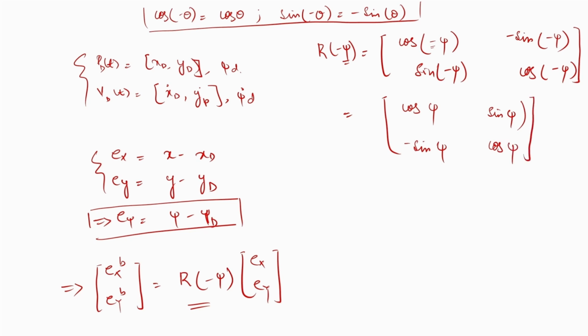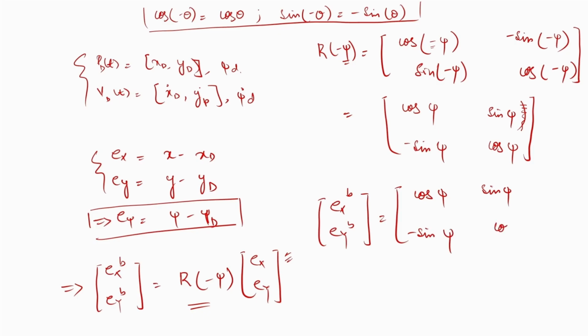Now, when we multiply this with the tracking error, we obtain our body errors along the x-axis and y-axis: the matrix cos of psi, sine of psi, minus sine of psi, cos of psi, multiplied with the tracking error along the x-axis and y-axis.